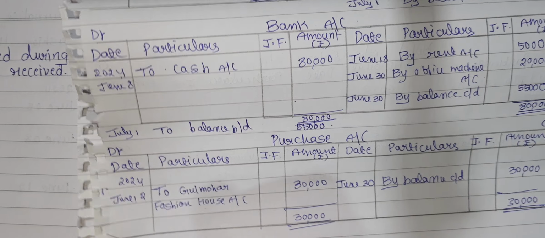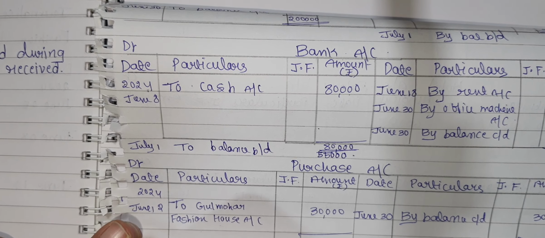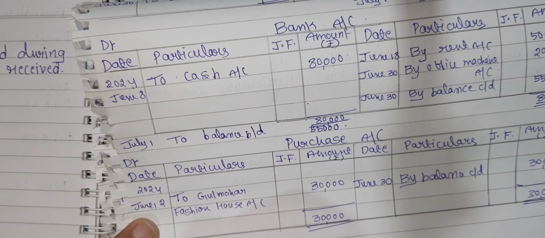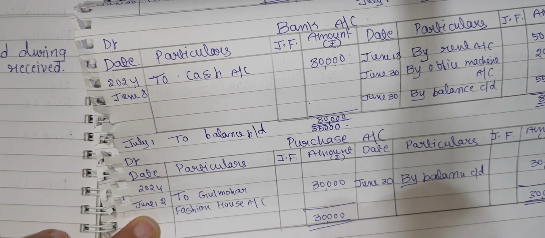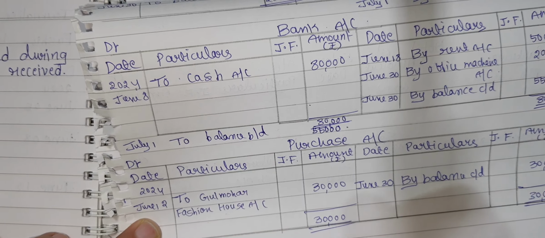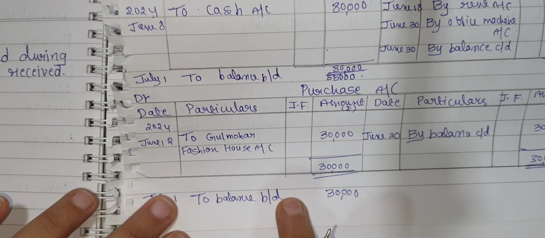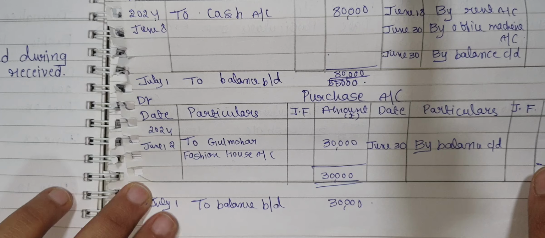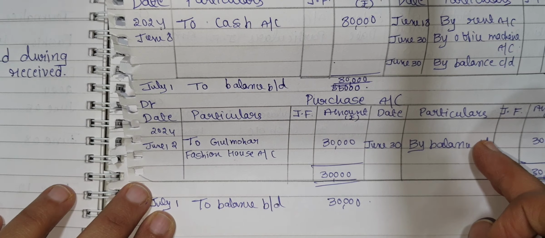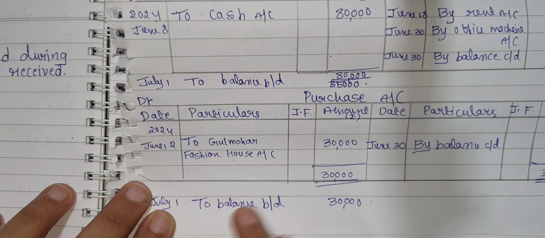And the opening balance of July 1st is to balance brought down, that is rupees 30,000. It means we need to record on the opposite side of the ledger. Okay.